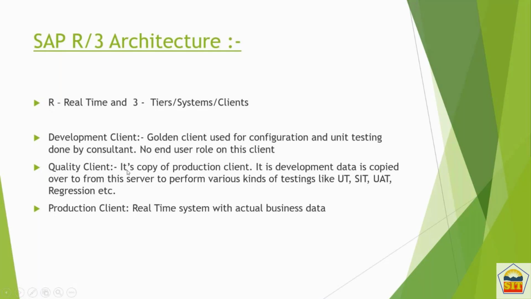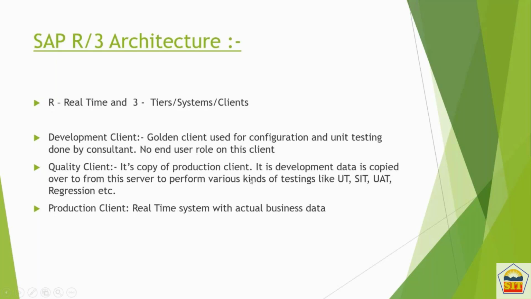So that we will be able to replicate the scenario and test it before that development reaches your production client. For this reason, in the company we normally keep a copy, and once or twice a year we copy the production client into the quality client.